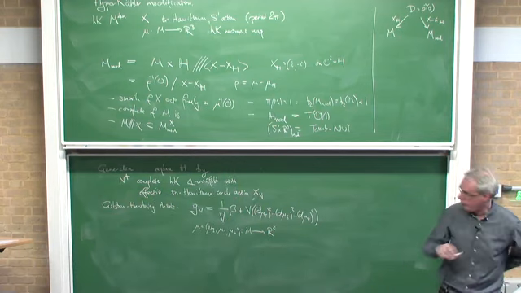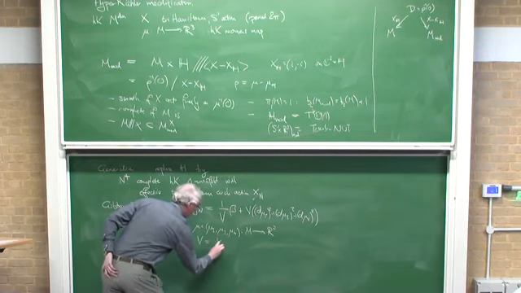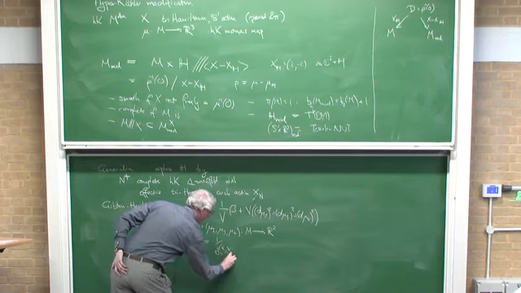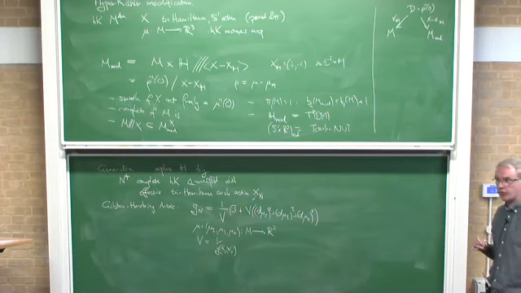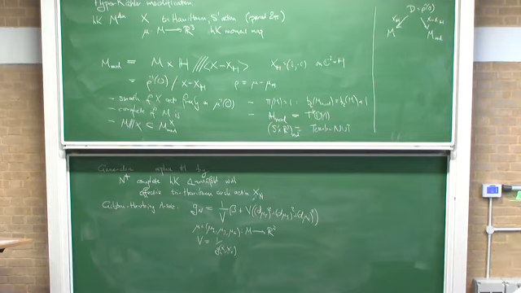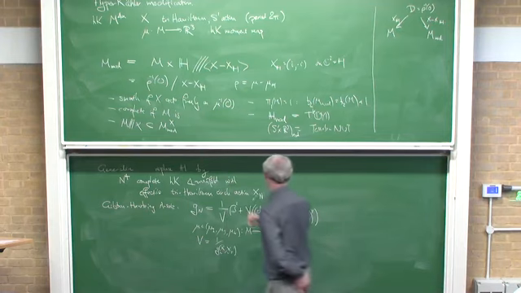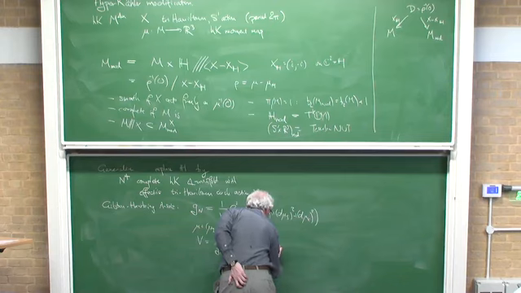And V here is, a little frustratingly, 1 over the length of the vector field squared. So this only makes sense away from fixed points, where the vector field is 0. And beta is a 1-form, and it satisfies this standard monopole equation.